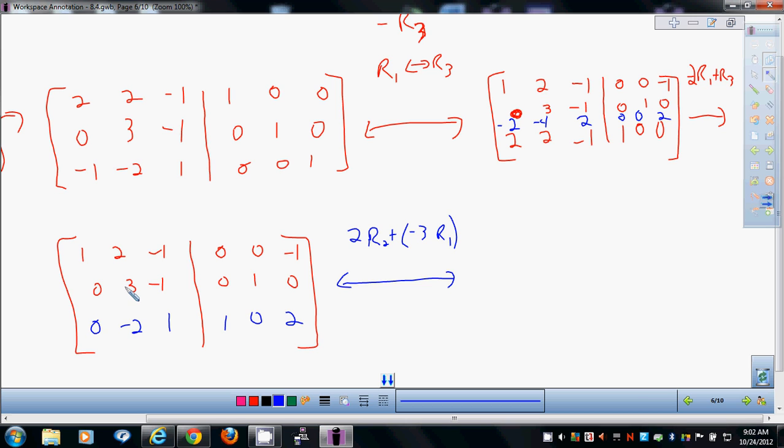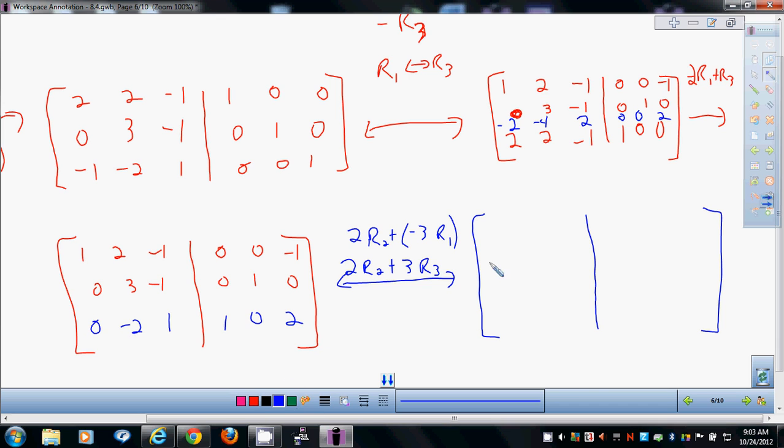That'll make that a positive 6 and a negative 6. 2 row 2 plus 3 row 3 will be my row operation. Which row is not going to change at all? Row 2. Row 2 is the only one not mentioned over here. That's the only one that's actually not going to change.